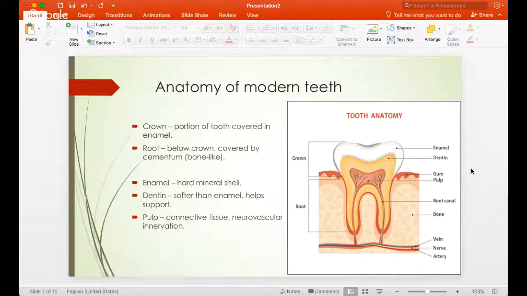You find that it's made up mostly of connective tissue, and it has a lot of the neurovascular innervation. So a lot of the nerves, veins, and arteries are coming through here and supplying the tooth to be able to live and support a happy life.